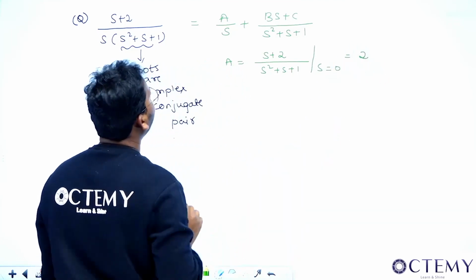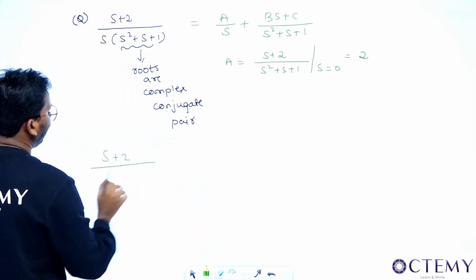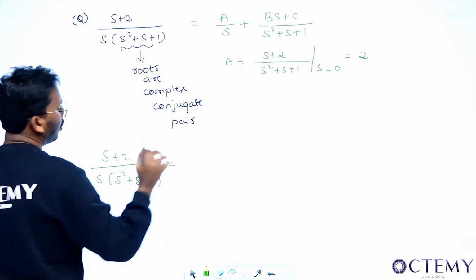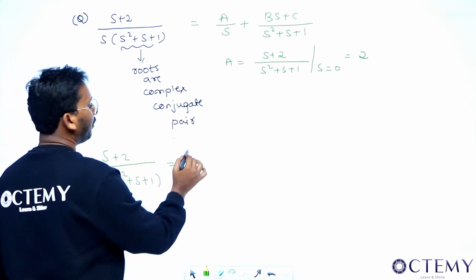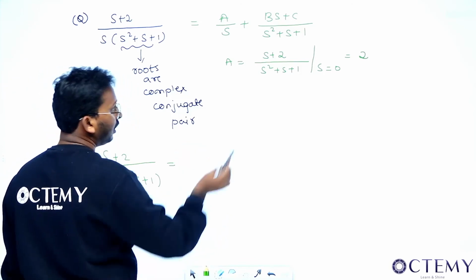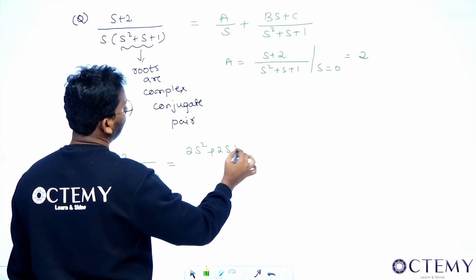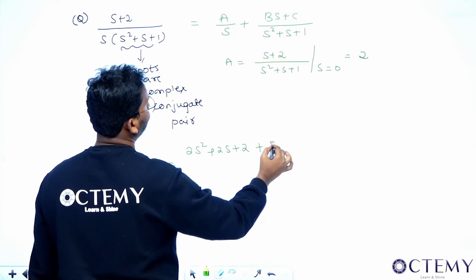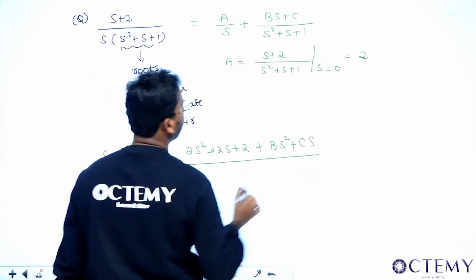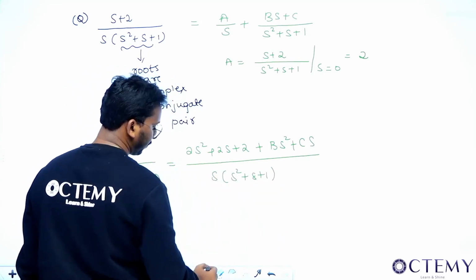Now, when you want to find B, sir, you'll have to do cross multiplication. So this will be (s plus 2) divided by s into (s square plus s plus 1). Do the cross multiplication. But we already know the value of A, sir, which is 2. So we get (2 into (s square plus s plus 1) plus (bs square plus cs)) divided by s into (s square plus s plus 1).